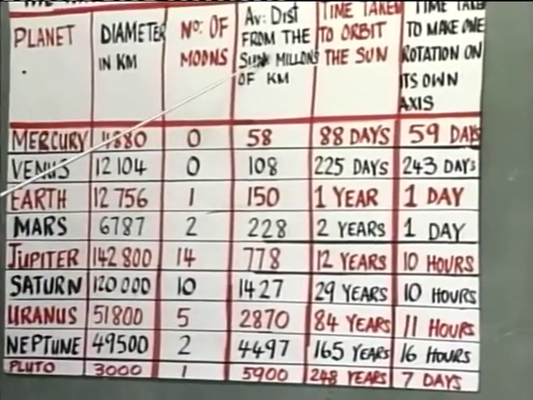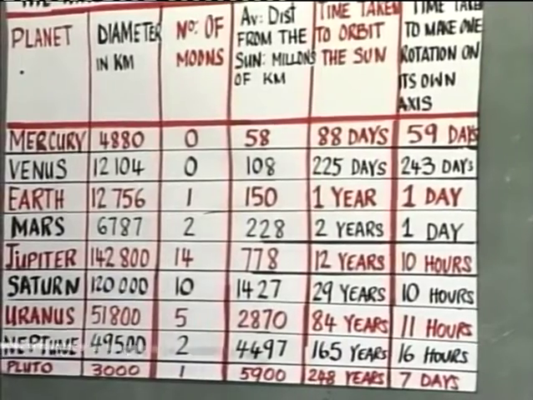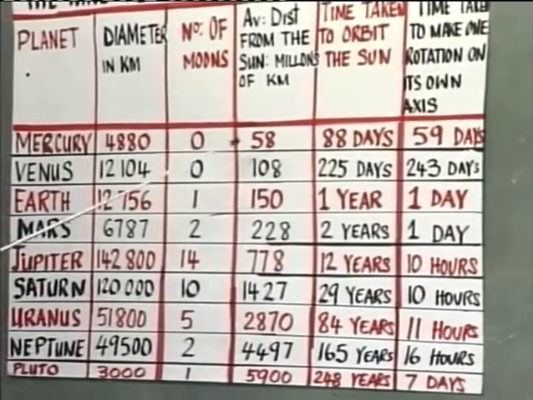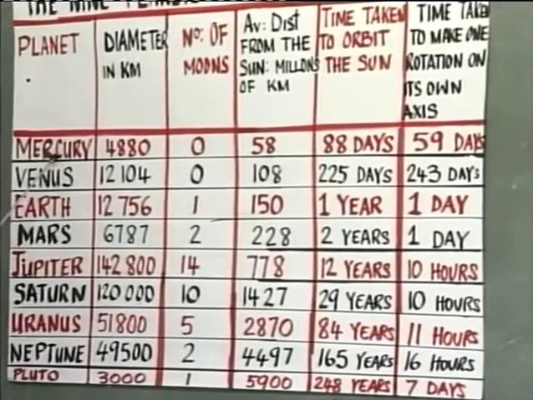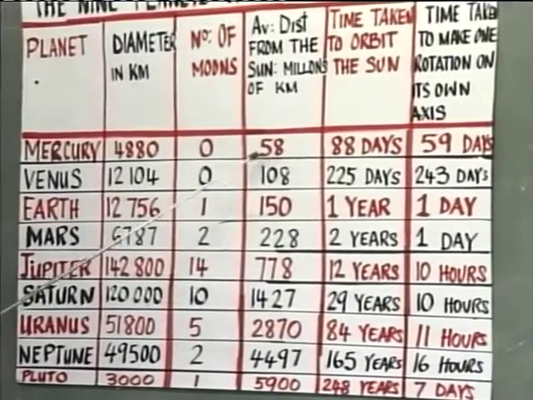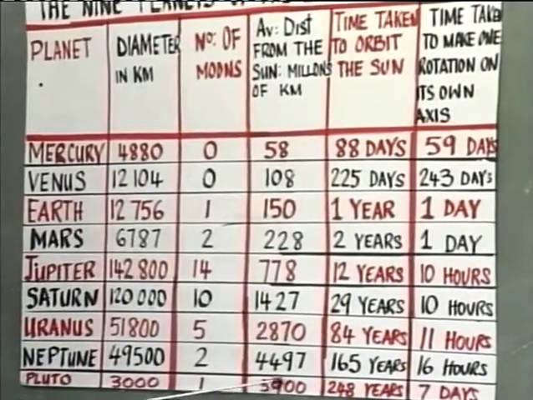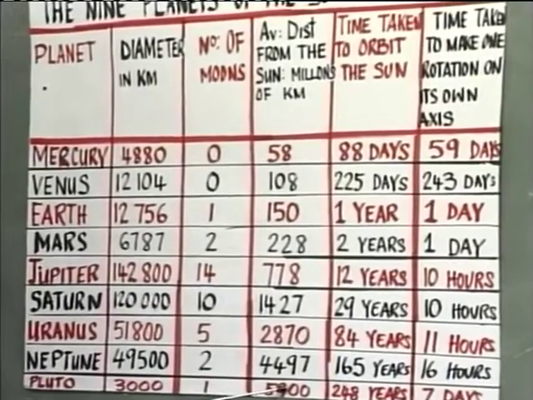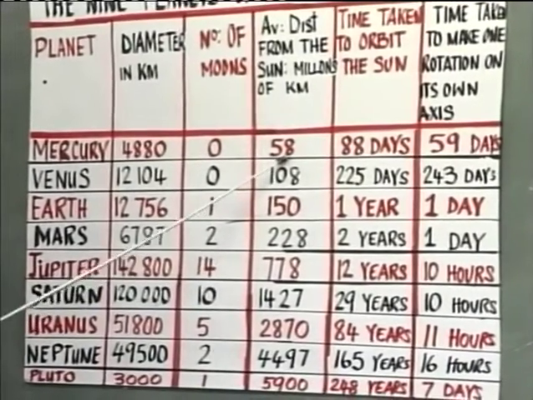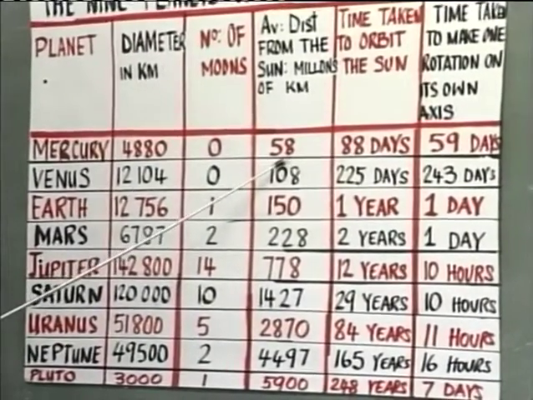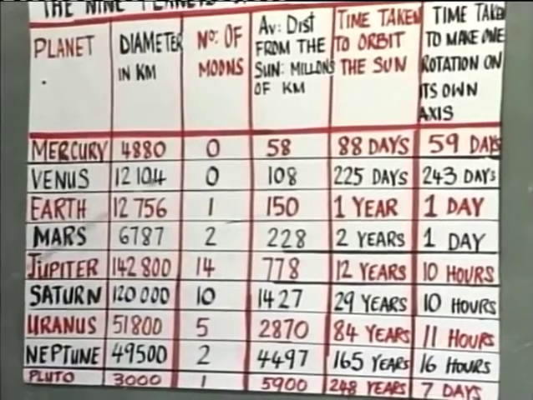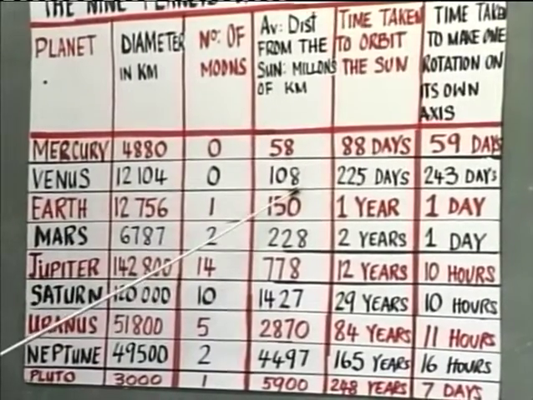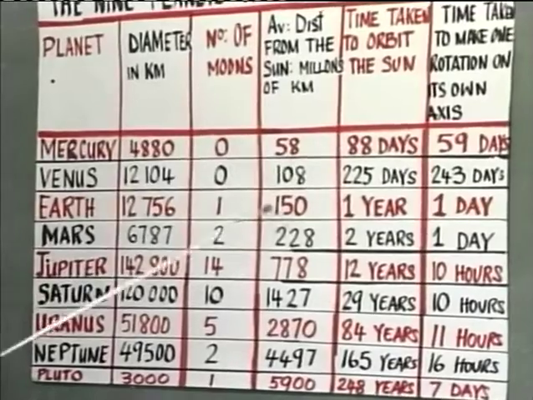The distance from the sun for each of those planets. You would have noted that the closest planet to the sun is Mercury. Therefore, as we go from Mercury to Pluto, the distance will definitely increase. 58 million kilometers from the sun is the planet Mercury. Venus is 108 million kilometers from the sun.